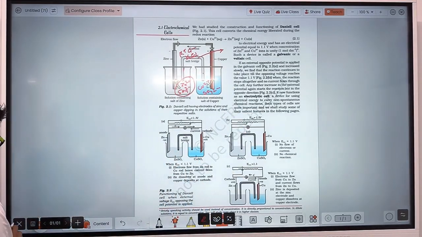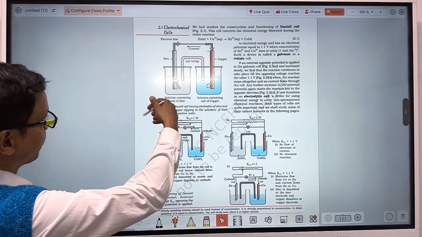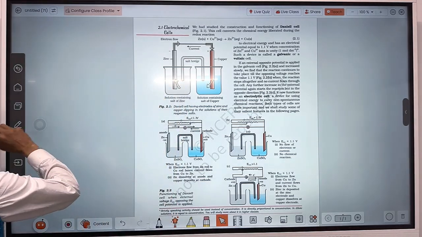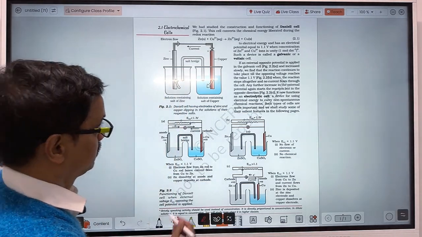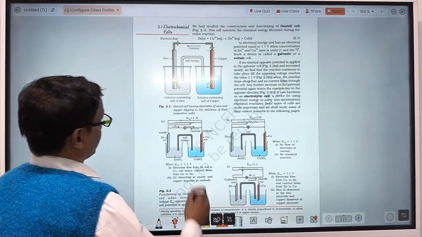Now, how does that work? Let's see how this galvanic cell or voltaic cell functions.